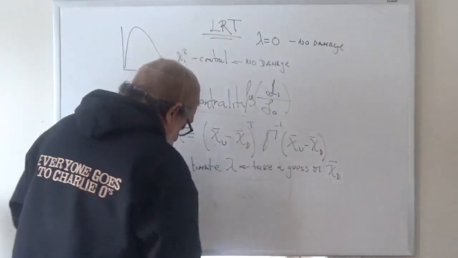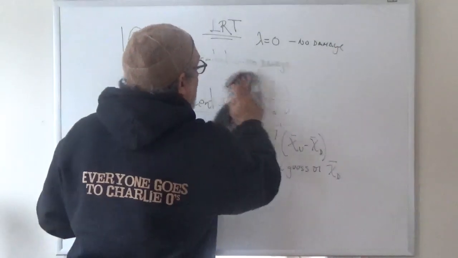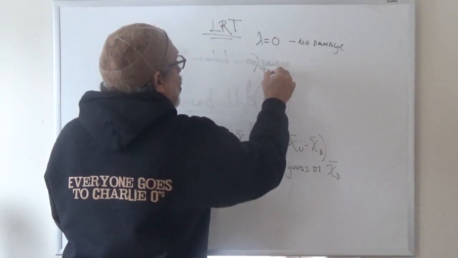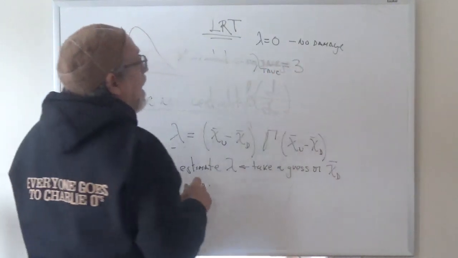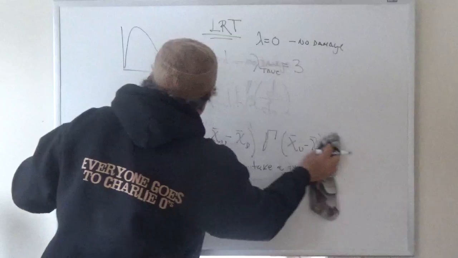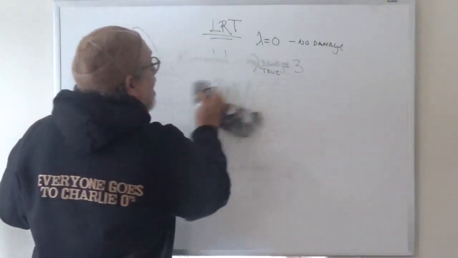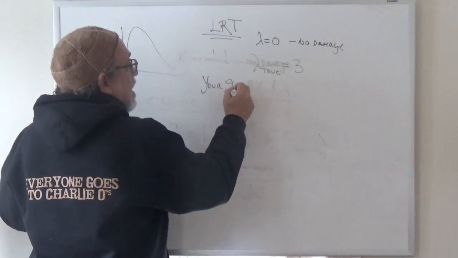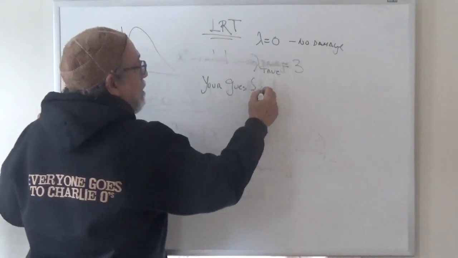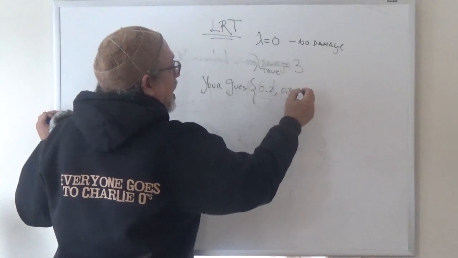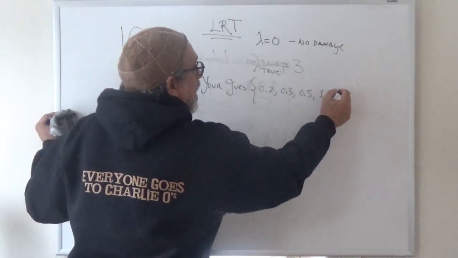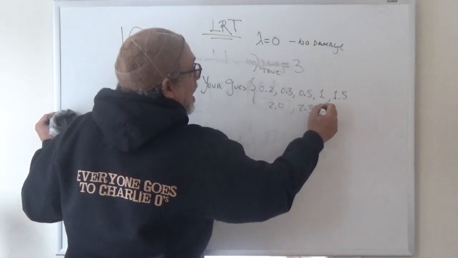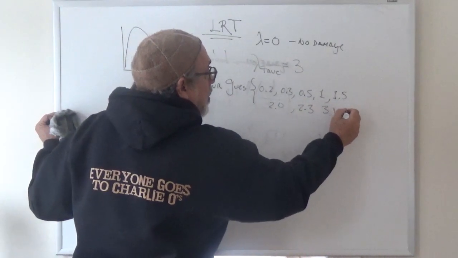Let's say that the true non-centrality, which we don't know, was 3, right? Now, if you were to guess, your guess could be 0.2, 0.3, 0.5, 1, 1.5, 2, 2.3, 3.1, 3.6.